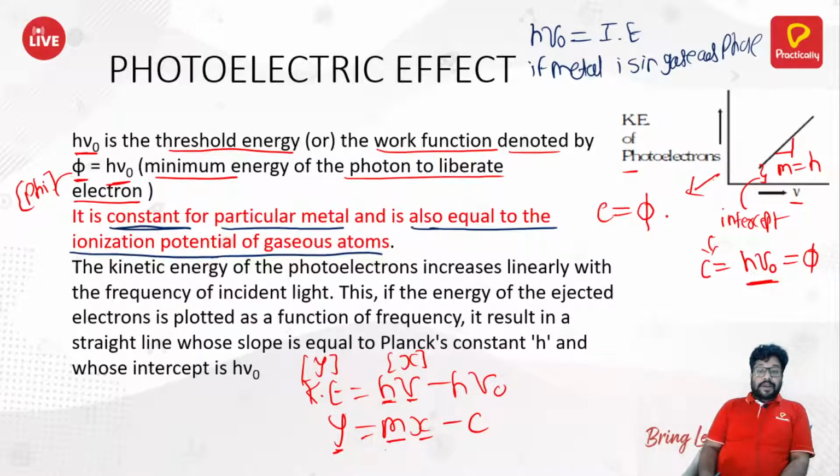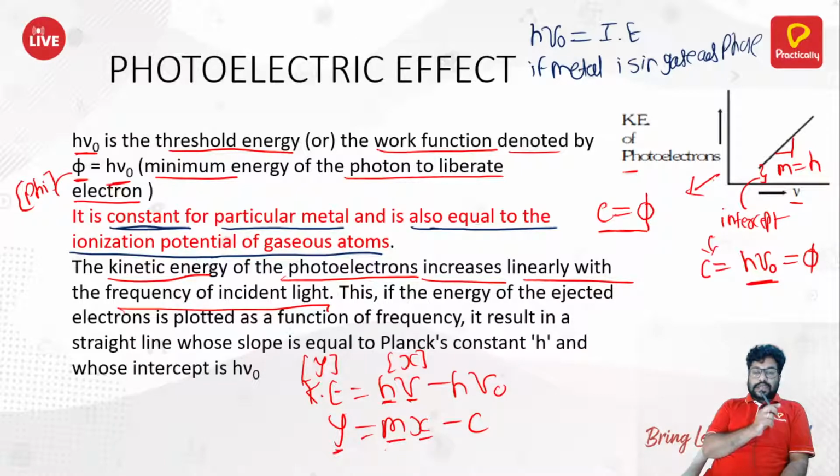Okay. But yeah. So I was saying intercept of this straight line is equal to work potential. Okay. So that is what I have written here. The kinetic energy of the photoelectron increases linearly with the frequency of incident light. As I was saying, energy of your photoelectron is directly proportional to the frequency.